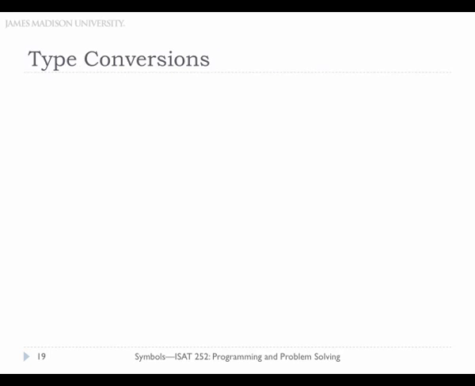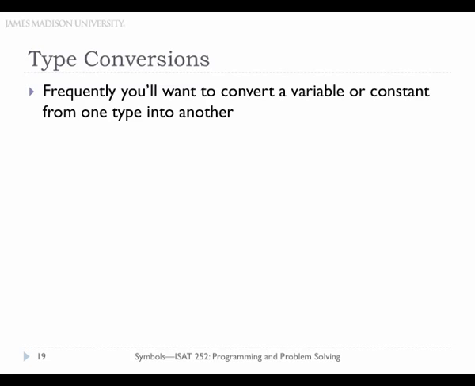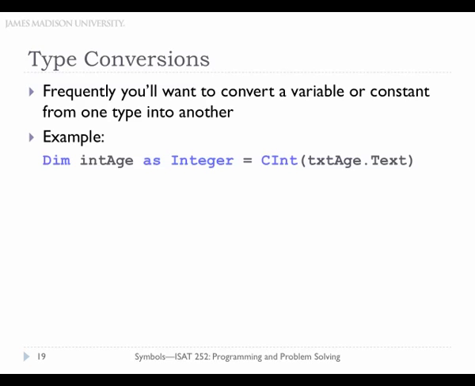Okay, so before we get into the demo, I want to talk briefly about type conversions. Frequently you're going to want to convert a variable or constant from one type to another. As an example, let's say that in the program that we're using, we have a text box on the form where the user is supposed to enter their age.